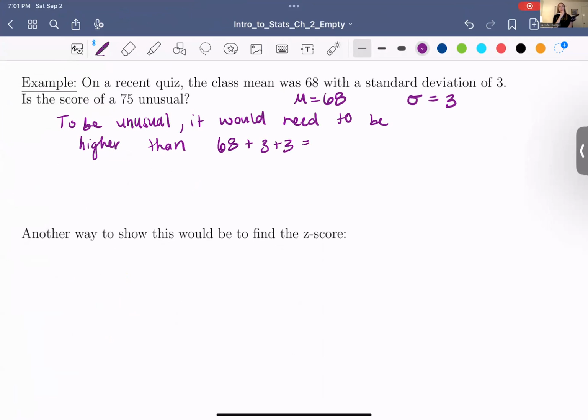So 68 was the mean, plus 3, plus 3. So 68, 69, 70, 71, add another 3, 72, 73, 74. All right, is this unusual? 75 is more than 2 standard deviations above, so yes, it's unusual. Thus, 75 is an unusual piece of data.